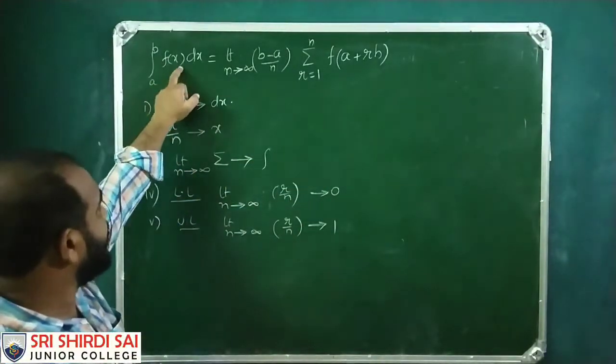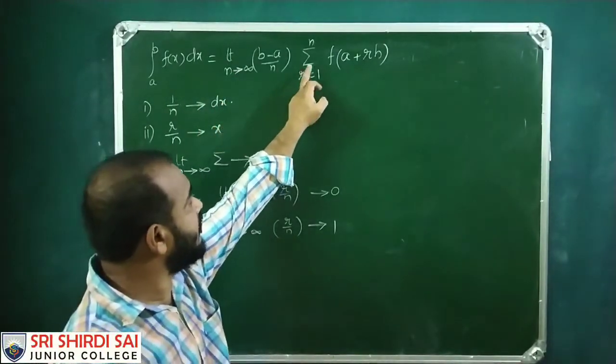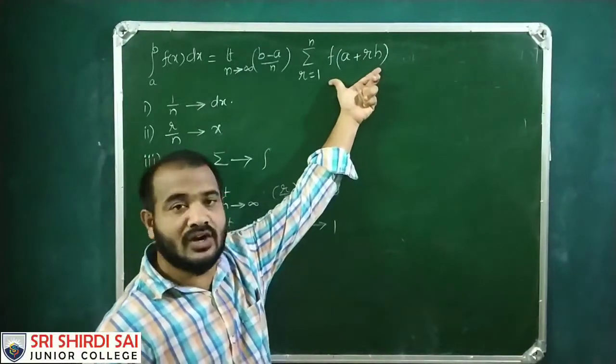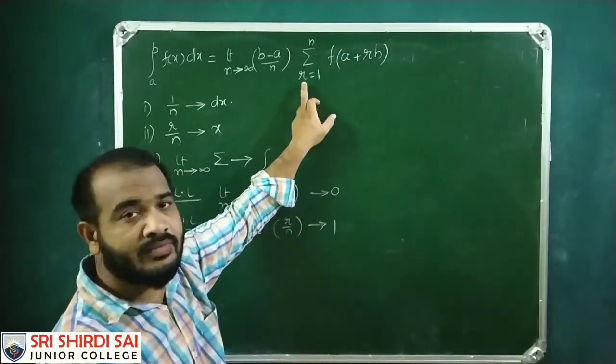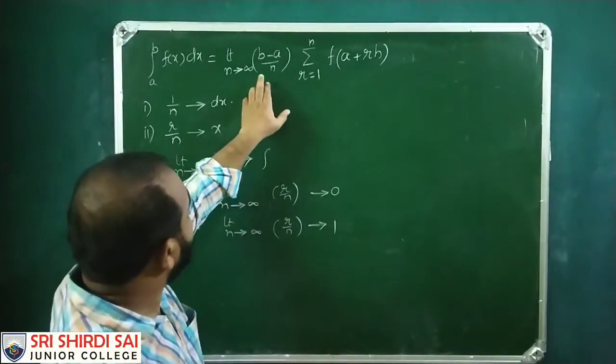Integral a to b f of x dx is equal to limit n tends to infinity, b minus a by n, sigma r tends to 1 to n, f of a plus rh. This is the general term where r is varying from 1 to n. So here 1 by n.